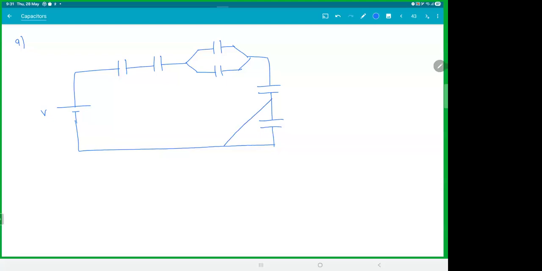This is a conducting wire. This is C, this is C, this is C, this is 2C, this is C, and this is C. Find C equivalent and find charge on the capacitor, and charge on each capacitor.